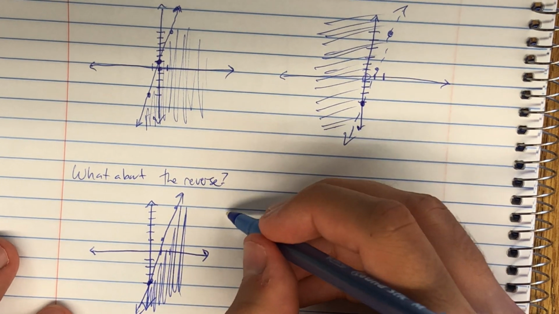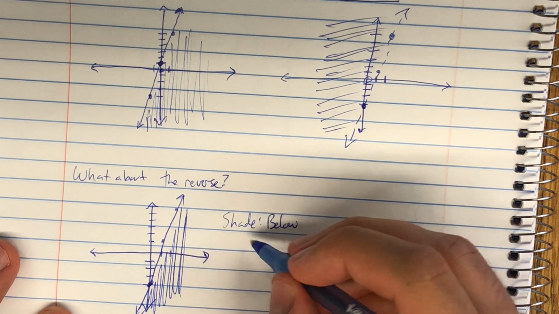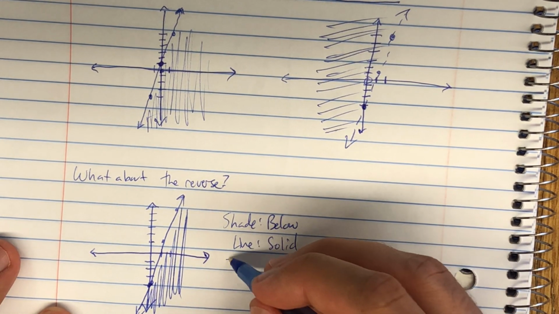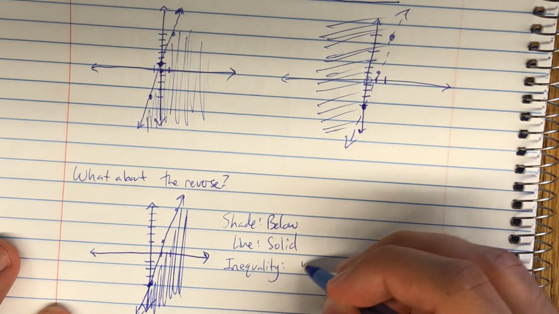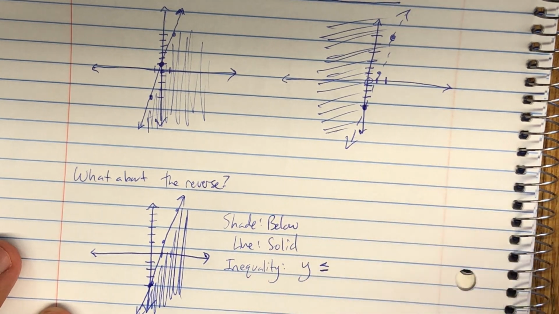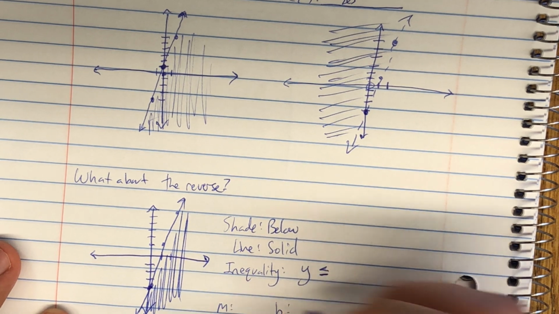First I notice our shade here is below. Our line type is solid. So when I'm writing my inequality, I know I'll have y is less than because of below, and or equal to because of solid. Then it's just a matter of determining what's my slope, what's my y-intercept.